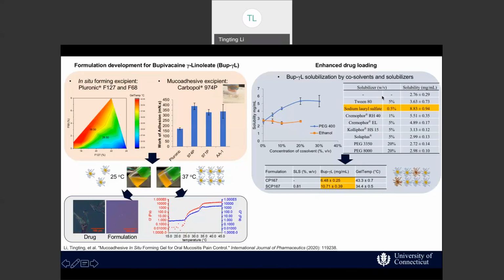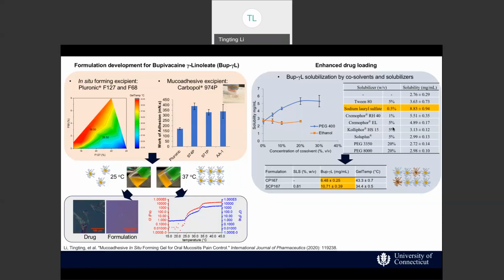And on the top right is a table showing another strategy, the use of a solubilizer. So to solubilize a drug molecule, besides a cosolvent system, we can always use a solubilizer in the system. So I tried different solubilizers, which were largely reported in the literature, or some of them were already used in FDA-approved drug products.